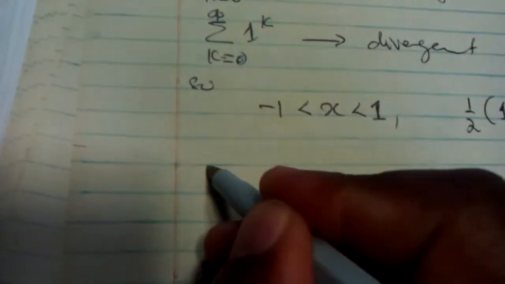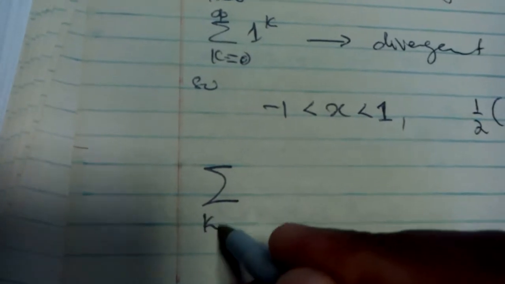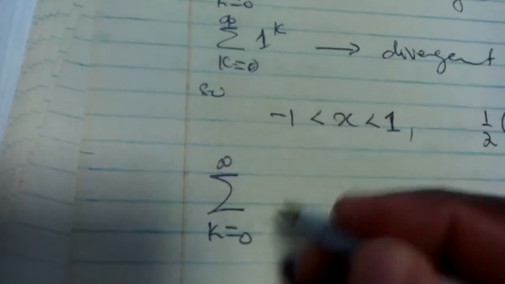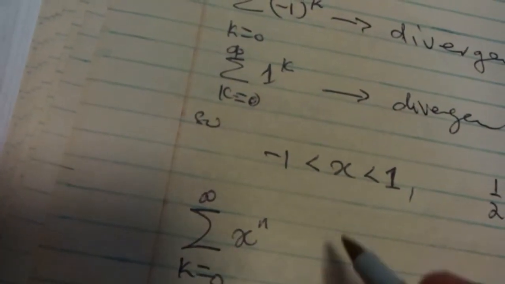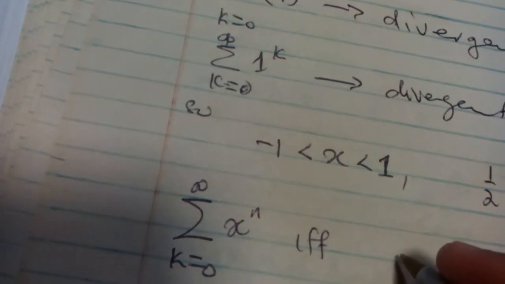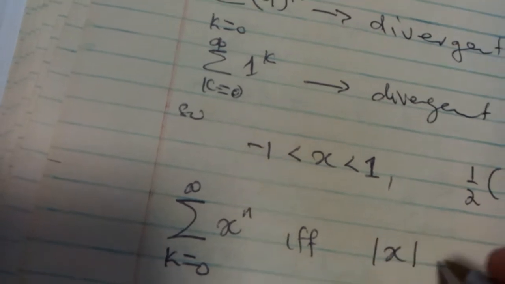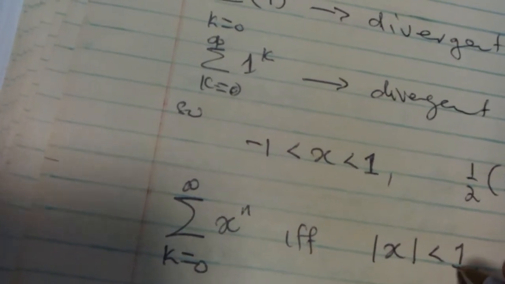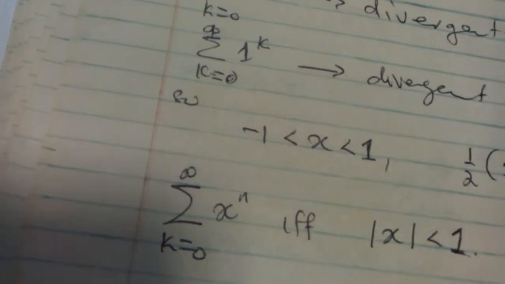So the series sum from k equal to 0 up to infinity of x to the n will converge if and only if the values of x are strictly less than 1. Otherwise, it will diverge.